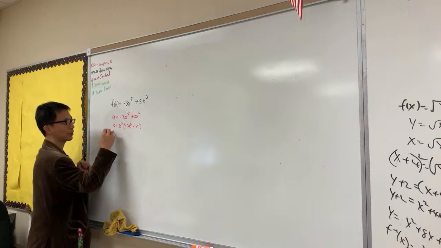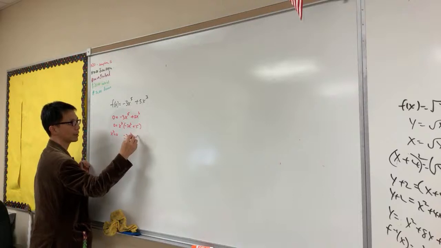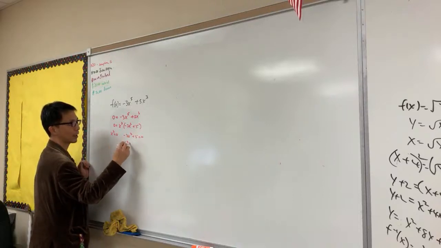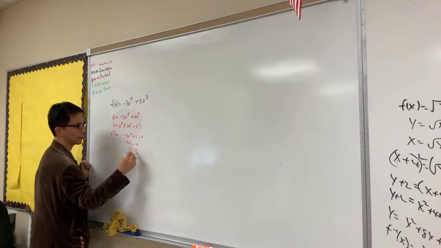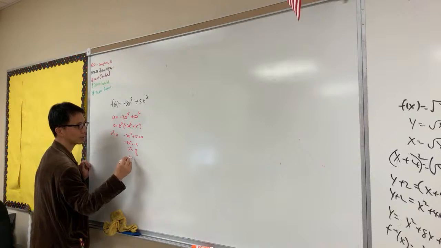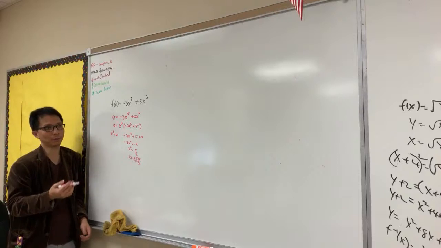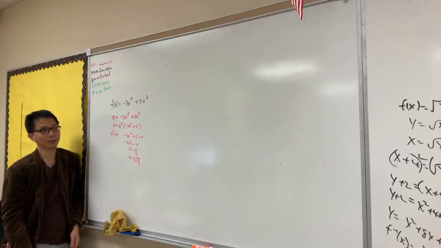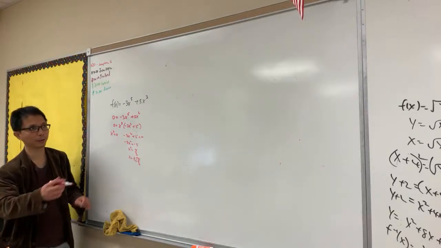So x to the 3rd is equal to 0, or -3x squared plus 5 is equal to 0. -3x squared is equal to -5, so x squared is equal to 5 over 3. X is equal to what? You might need to figure out what that value is. The square root of 5 over 3 is 1.6667, so roughly 1 and 2/3.